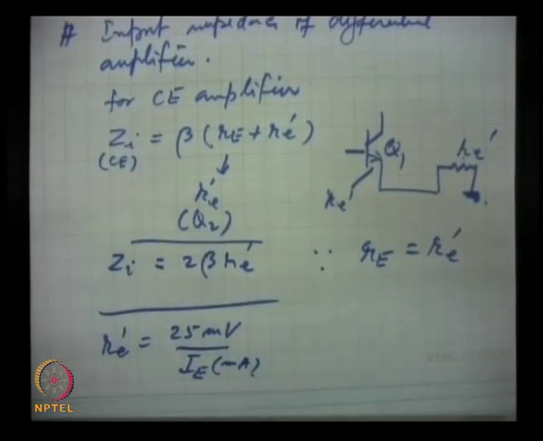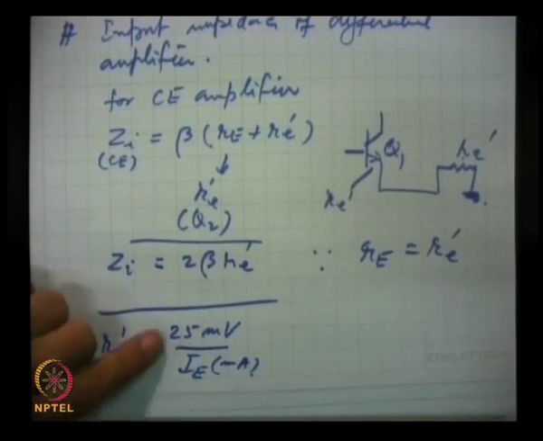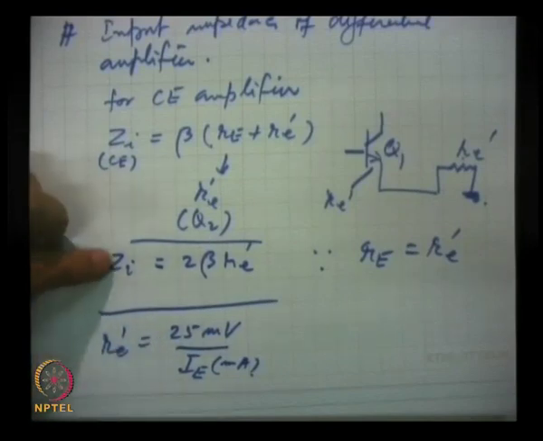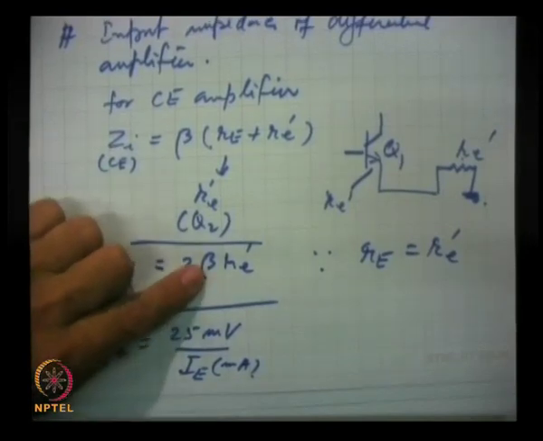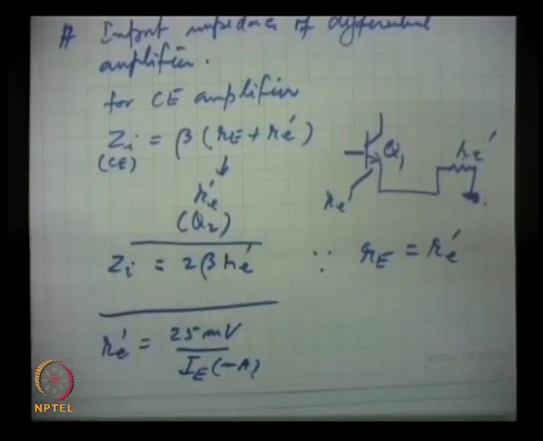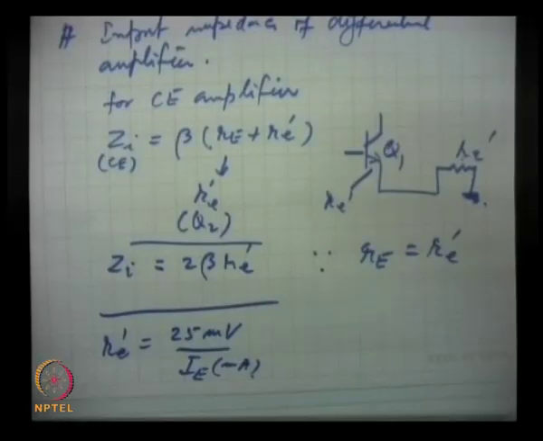If RE is 1 kilo ohm, for example, then this will be, depending on the value of beta, several hundred kilo ohms or even 1000 kilo ohms. So, differential amplifiers have very high input impedance. So, this was about the input impedance.